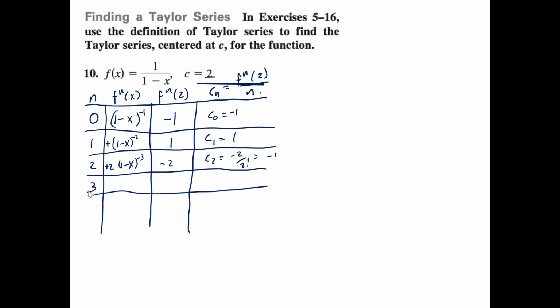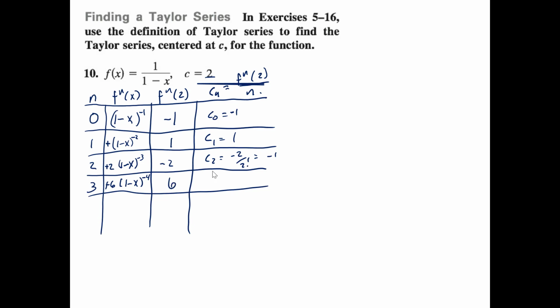When n is 3, then you're going to take the third derivative, so this is going to be negative 6 times 1 minus x to the negative 4 times the derivative of the inside, which is negative 1. And so then here, when you plug in the 2, you are going to get negative 1 to the negative 4, which is positive 1.